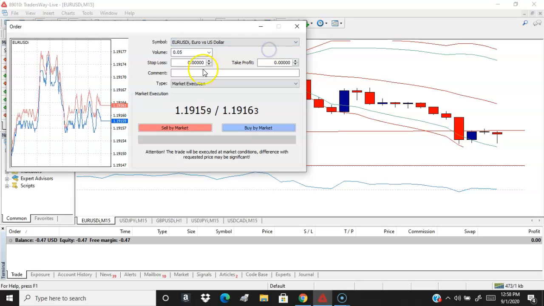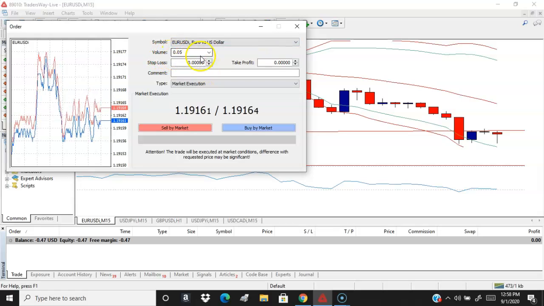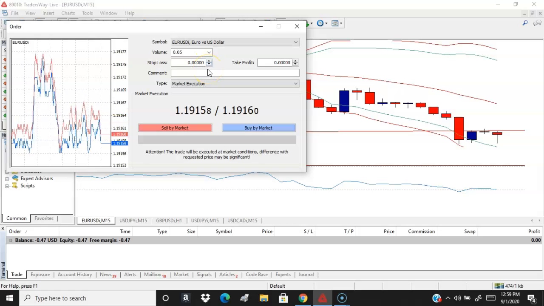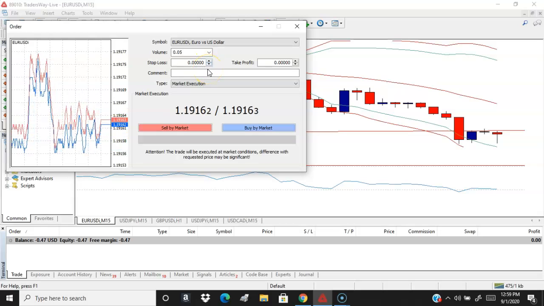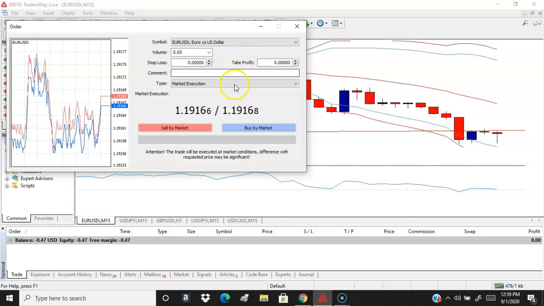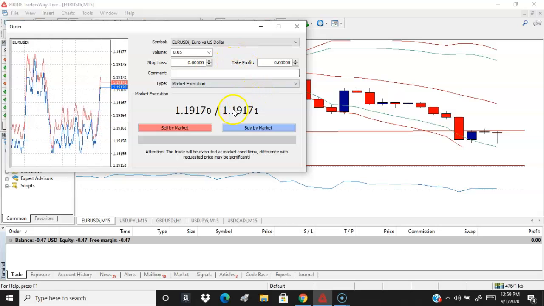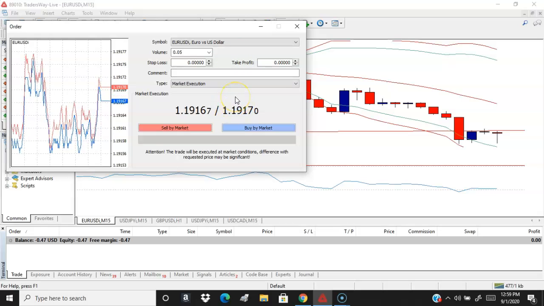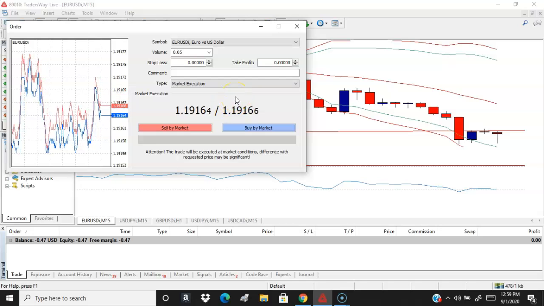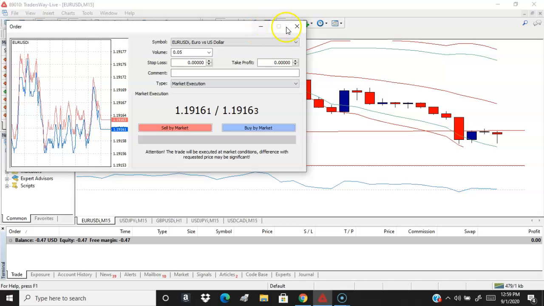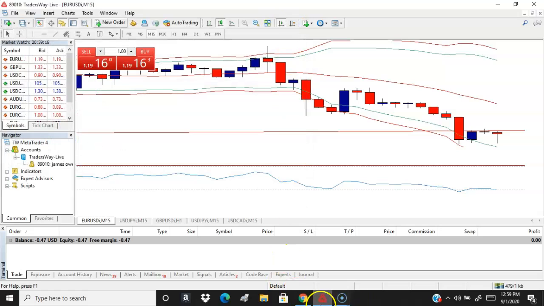You can actually go here. Okay, the volume, stop loss. So that means before it hits all your money, you want to take it at a loss of, let's say you're losing by 10 pips. You don't want to keep the trade going. You'll put a stop loss in there or take profit. Okay, so that's basically it.